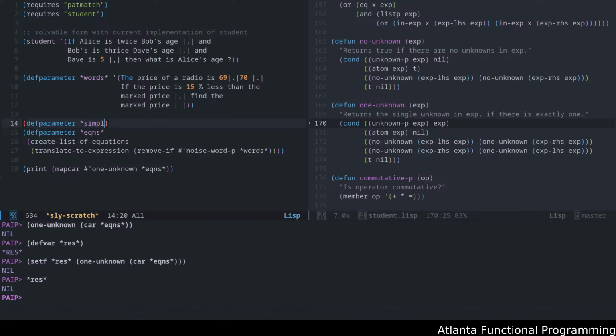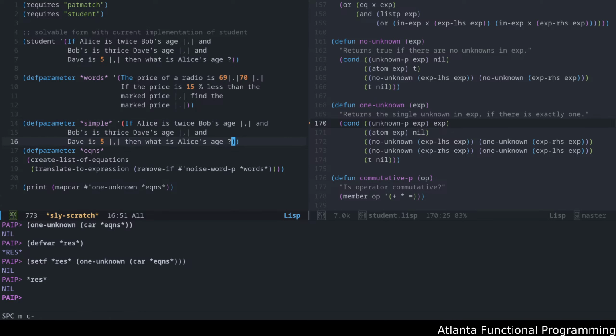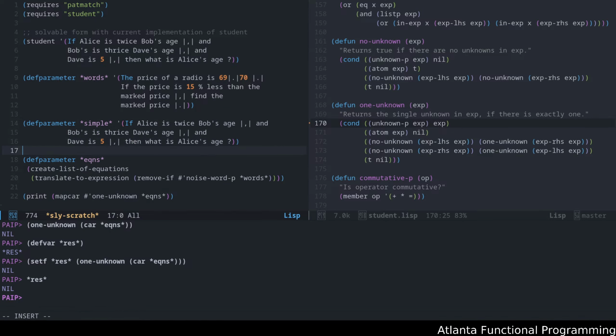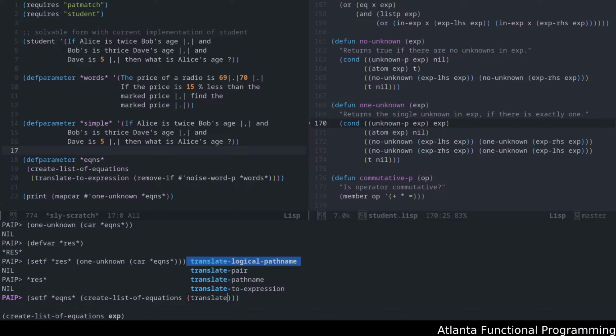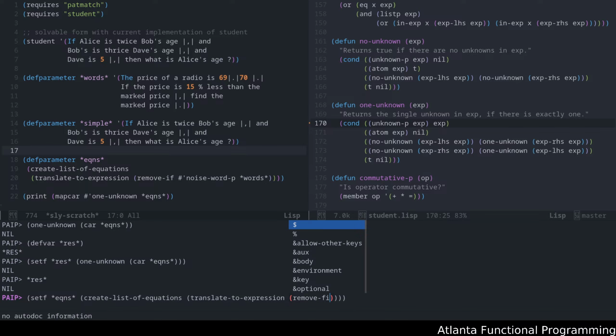Let's try simple. Okay. And let us do this. Set of equations now being create list of equations, translate to expression, remove if.